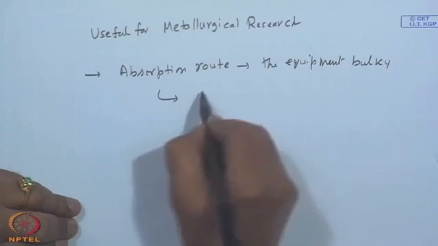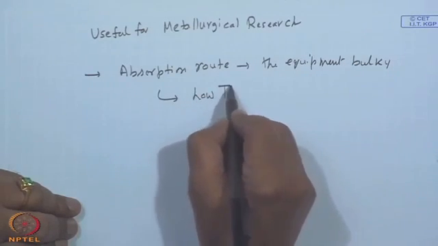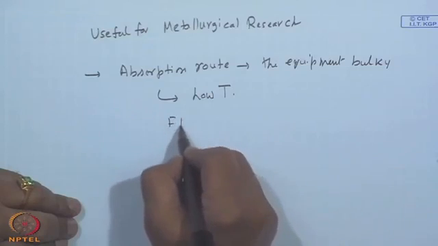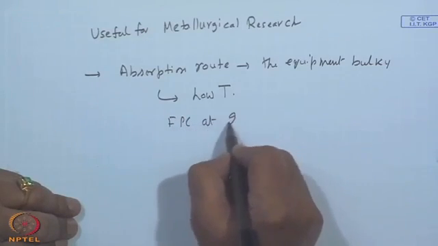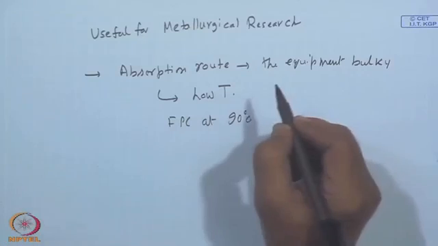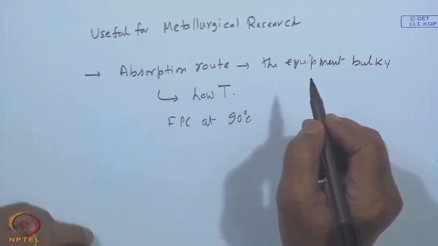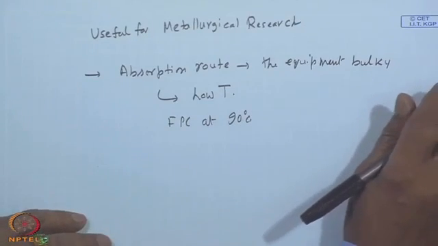Essentially, I mean low temperature. So, something like maybe a flat plate collector at 90 degrees C supplies energy at about 90 degrees C. So, consequently, your COP will be pretty poor.